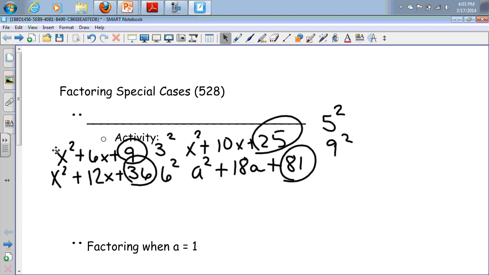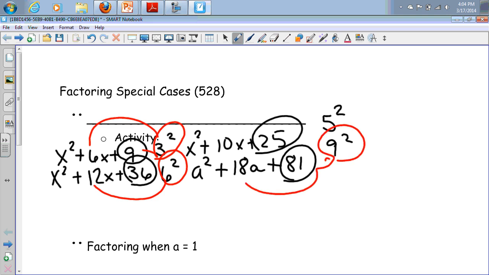Maybe you're seeing the connection. 3 squared is 9, and 3 plus 3 is 6. 6 squared is 36, and 6 plus 6 is 12. 9 squared is 81, and 9 plus 9 is 18. 5 squared is 25, and 5 plus 5 is 10.